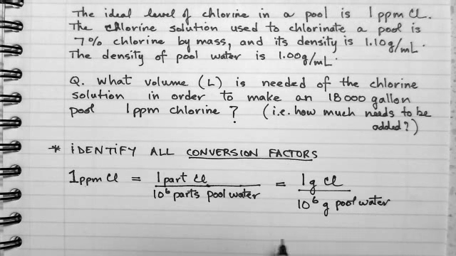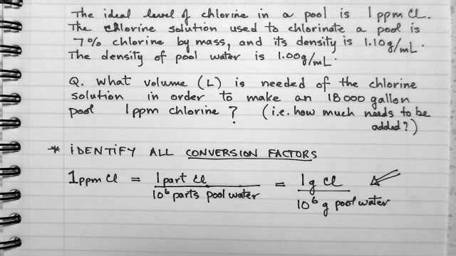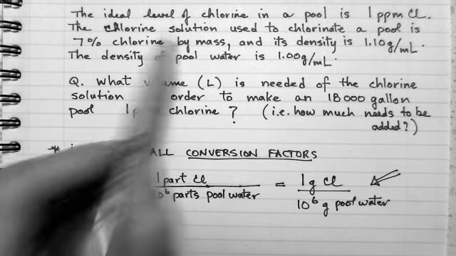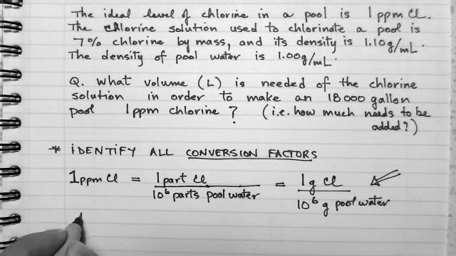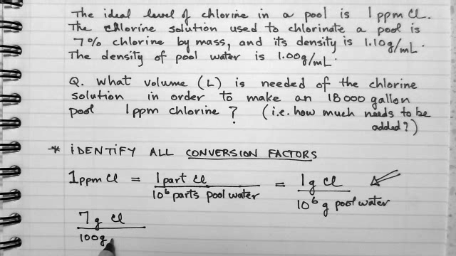Okay, so that right there is our useful conversion factor. Next, we have a 7% chlorine by mass chlorine solution. So as a conversion factor, that tells me it's by mass, so I have 7 grams of chlorine, and it's 7%, so in 100 grams of what?